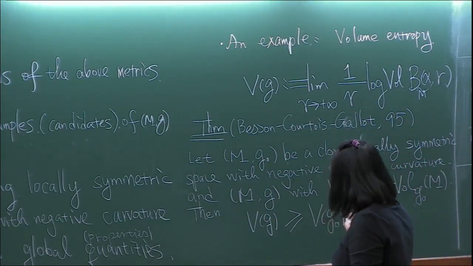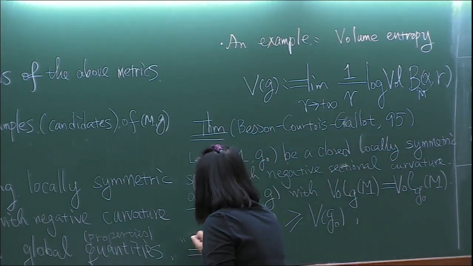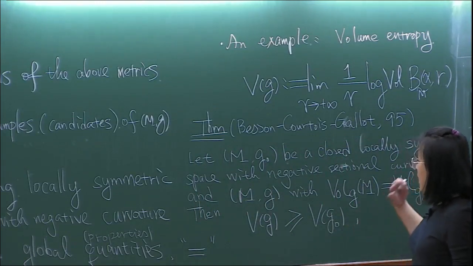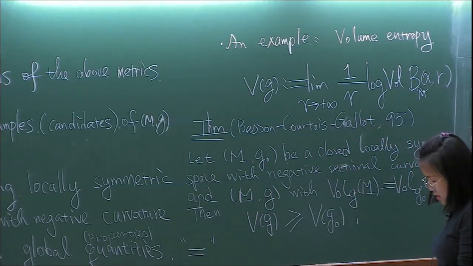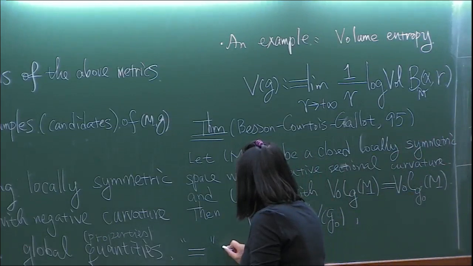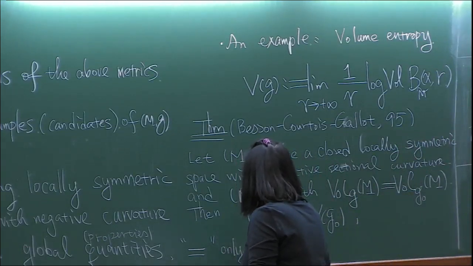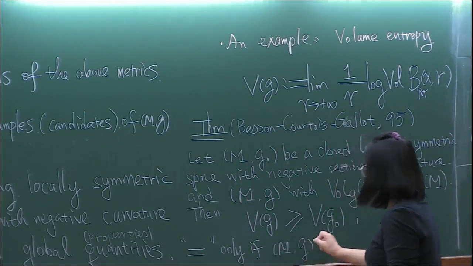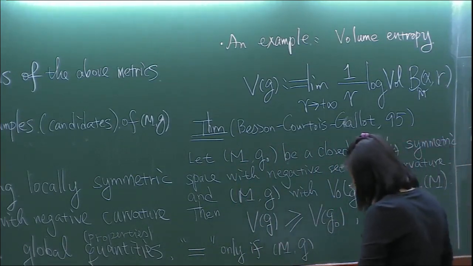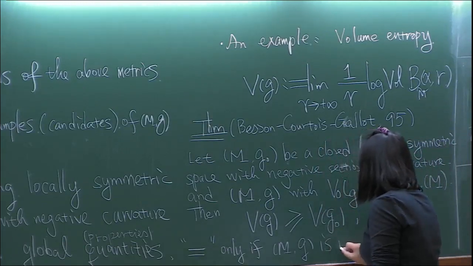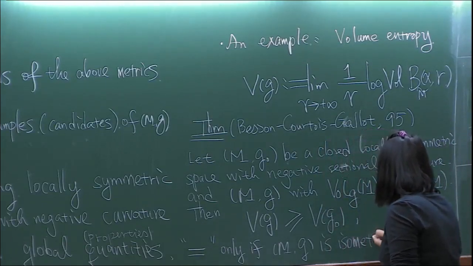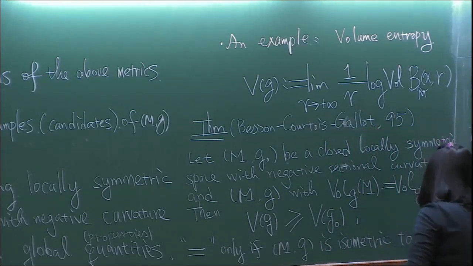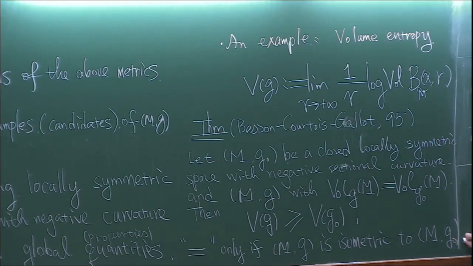Okay, and you will have equality only if this (M, g) is isometric to (M, g_0). Can you see this part? Okay.